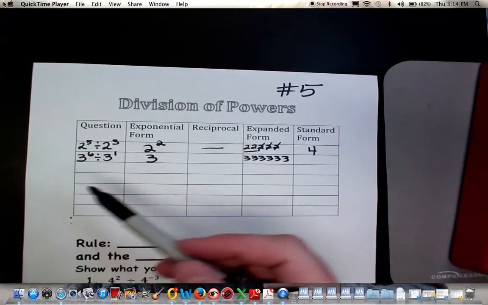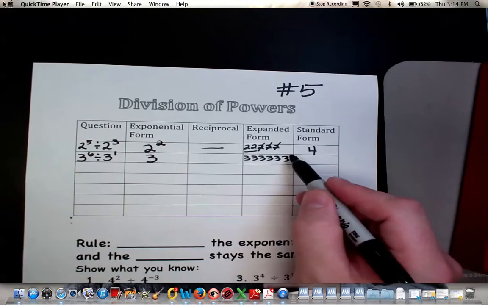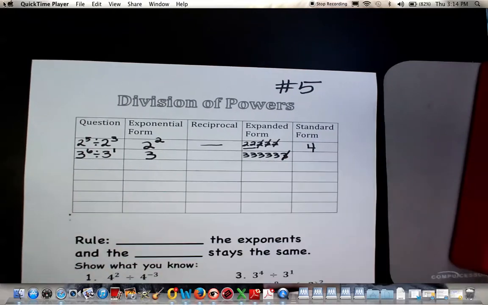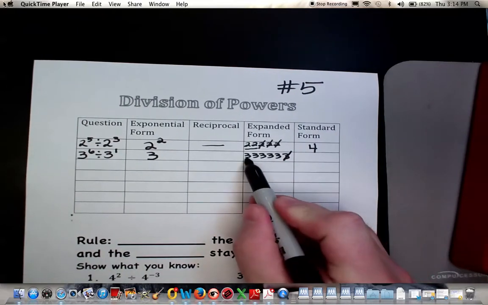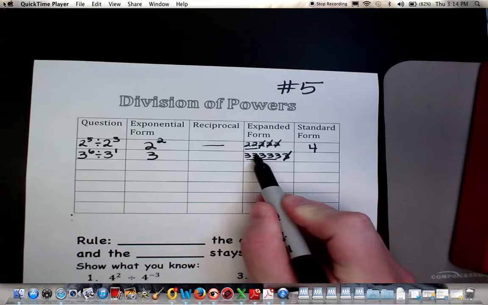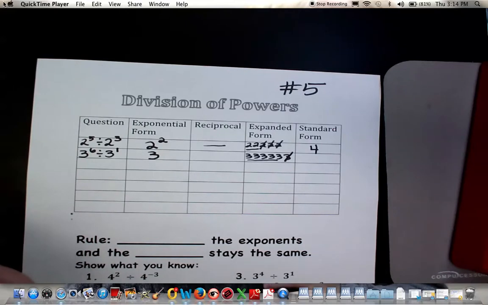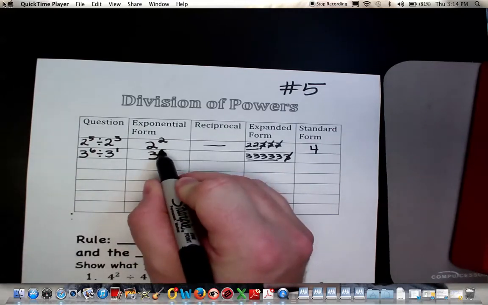And when I divide, I'm really taking 1 away, so I mark one of those 3's out, because 3 to the 1st power is just one of them. And how many am I left with? I'm left with 1, 2, 3, 4, 5 3's. So I know that 3 times 3 times 3 times 3 times 3 is 3 to the 5th power.